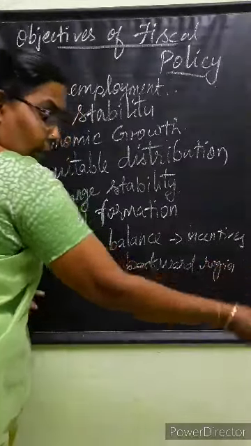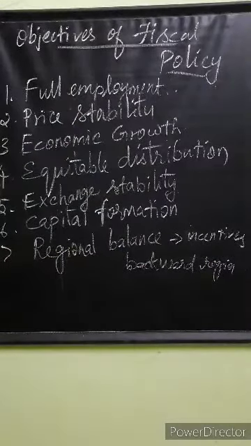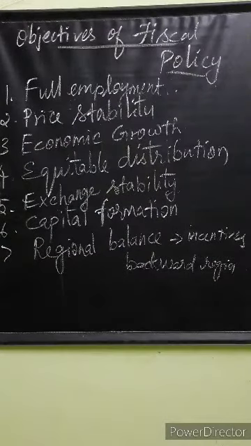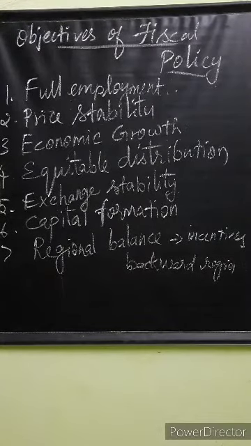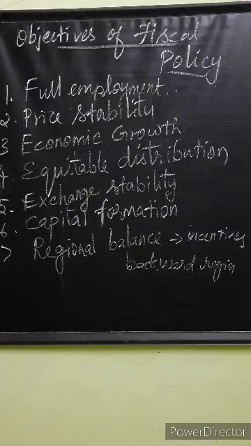Relaxation by giving incentives, tax relaxation, tax concession. So, by giving the tax concession and relaxation to industries in the backward region, it will correct the imbalances among the regions.